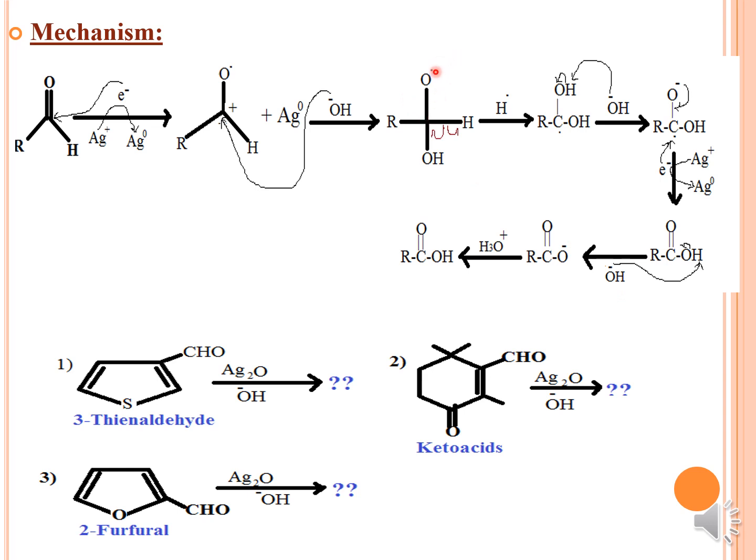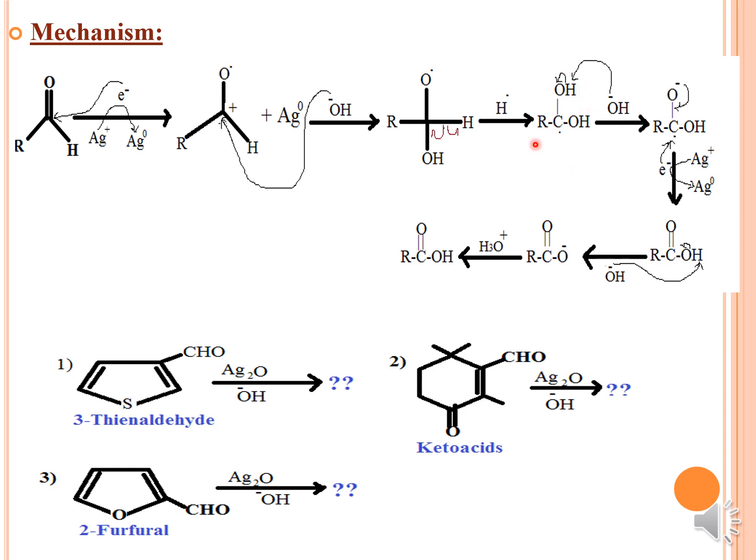And then the carbon radical will get combined, so what happens here is, first this carbon radical will be there, which is over here, and then this oxygen radical will combine with the hydrogen radical.